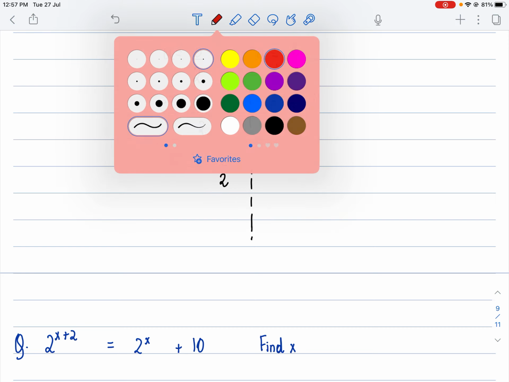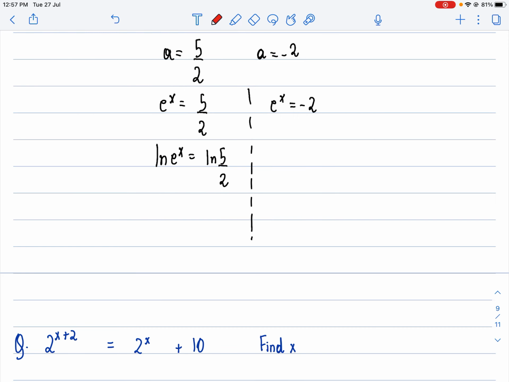Now I can use the property which states that log of a raised to b equals b log a. Correct? So using this property, I can write this as x ln e equals ln 5 over 2. Ln e is 1 because the base is e.